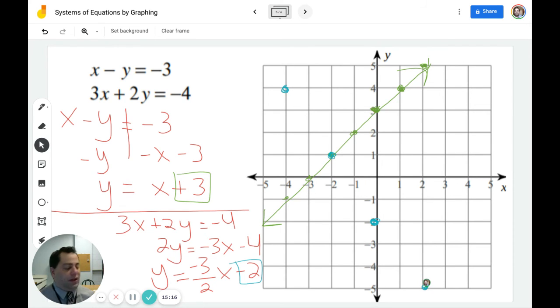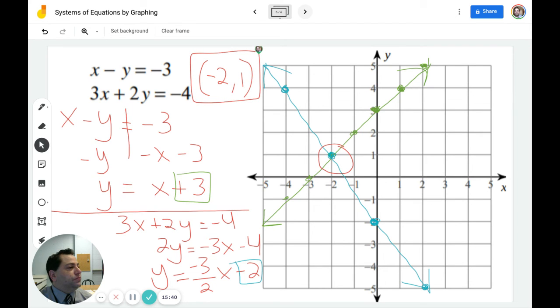And I can draw that line in. And I look to see where we've intercepted here. And it's -2, +1. Okay, let's do one more.